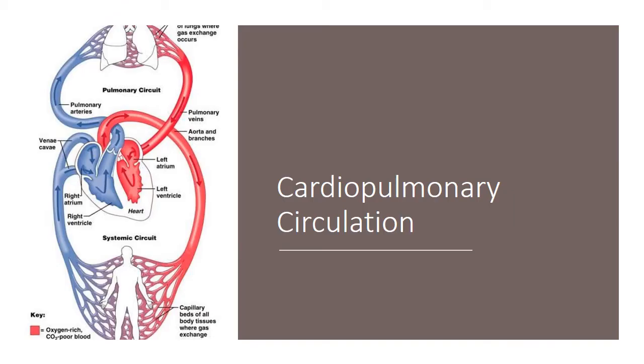Before we can understand the pathophysiology of heart failure, we need to make sure that we've recapped the normal anatomy of the heart and the circulatory system. So starting in the left atrium over here on this diagram on the left, we can see that we've got arrows that indicate the direction of travel of blood within our circulatory system.